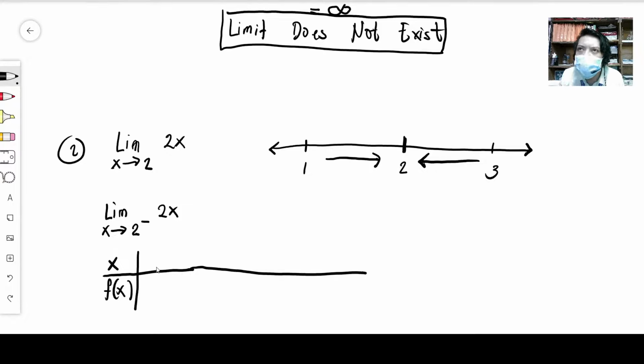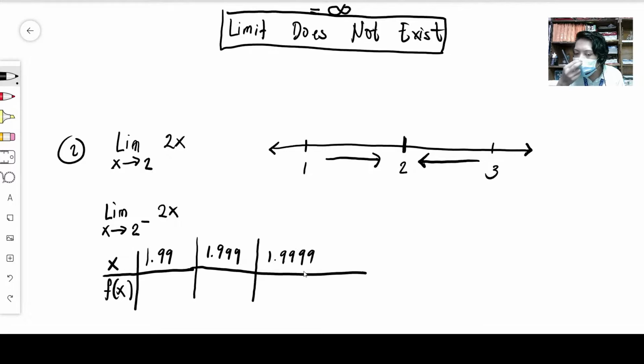What numbers does it approach coming from the left? For example, 1.99, then 1.999, and it approaches 2 coming from the left of 2, 1.9999 and so on and so forth.